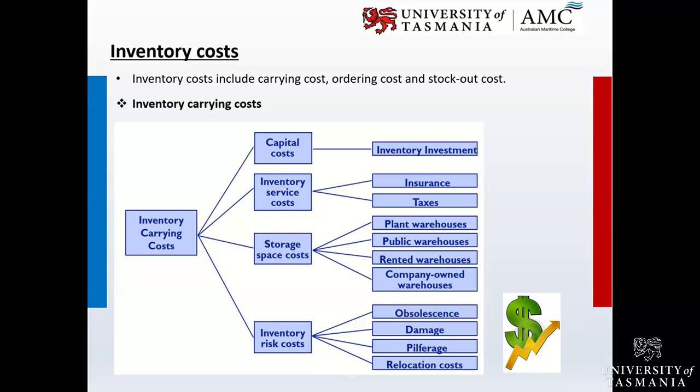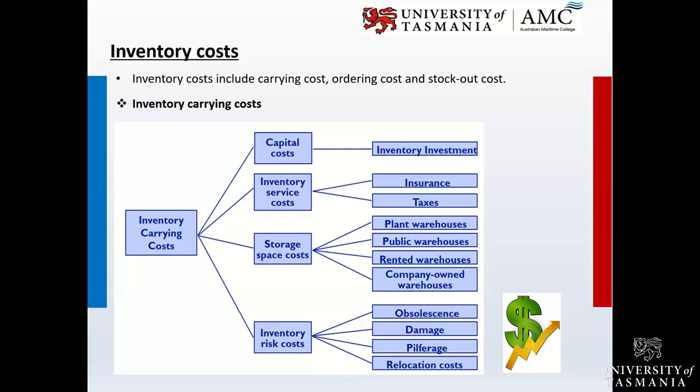We discussed that in practice, a high level of inventory might be unacceptable because it will result in high inventory cost. So we need to identify what components are included in inventory costs.